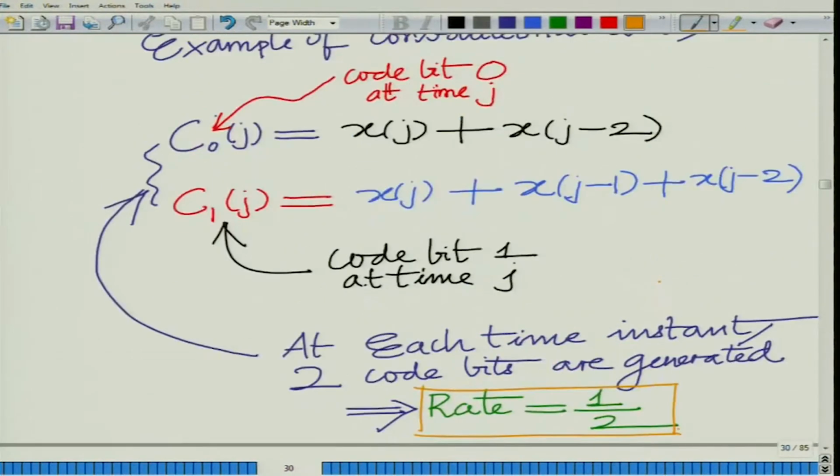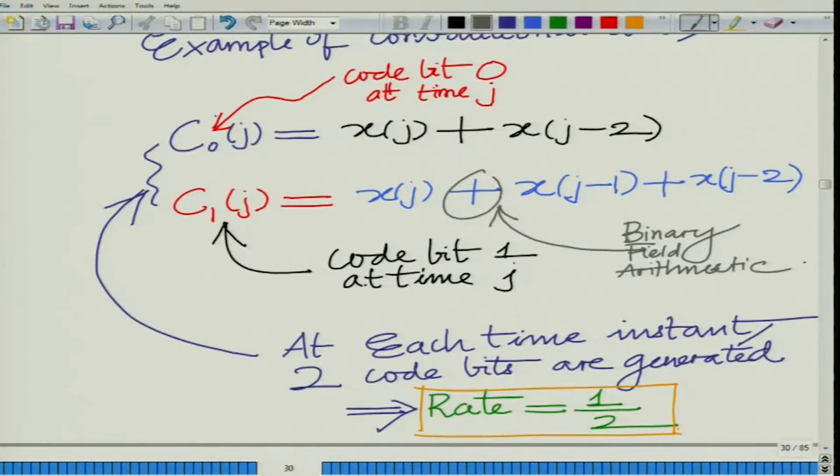Further, if you look at this addition, this is an important point. This is addition on the binary field. This is something new, known as binary field arithmetic.